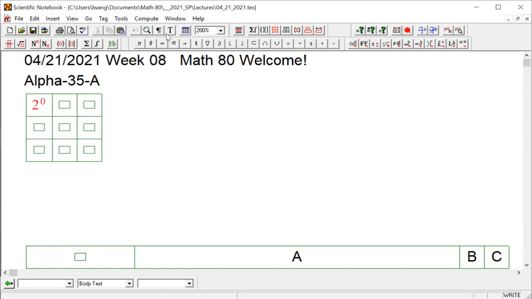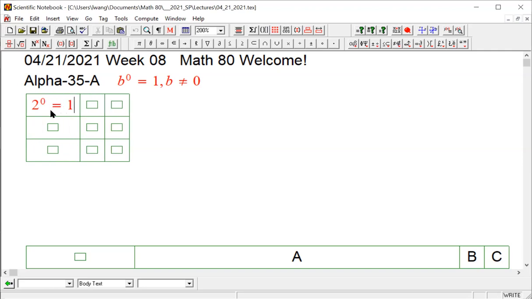And this one is applying this property, b raised to the power 0 equals 1. But this statement is conditional, provided that b is not 0. So you must check your base is not 0. If your base is 0, what happens? It's undefined. So 2 to the power 0, the base is not 0, therefore it equals 1.